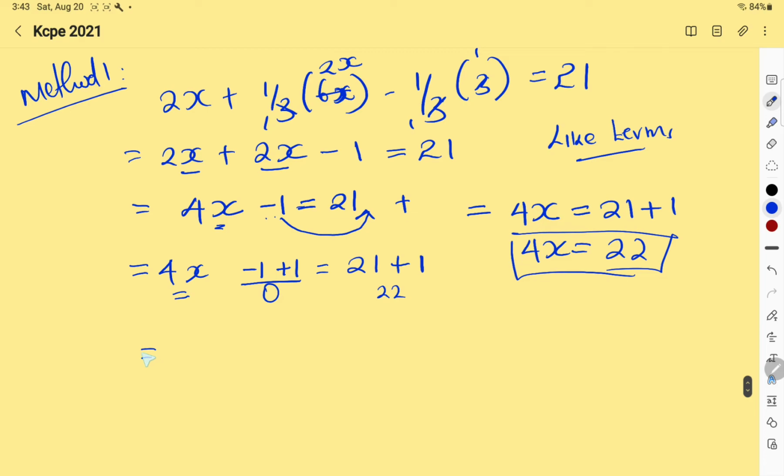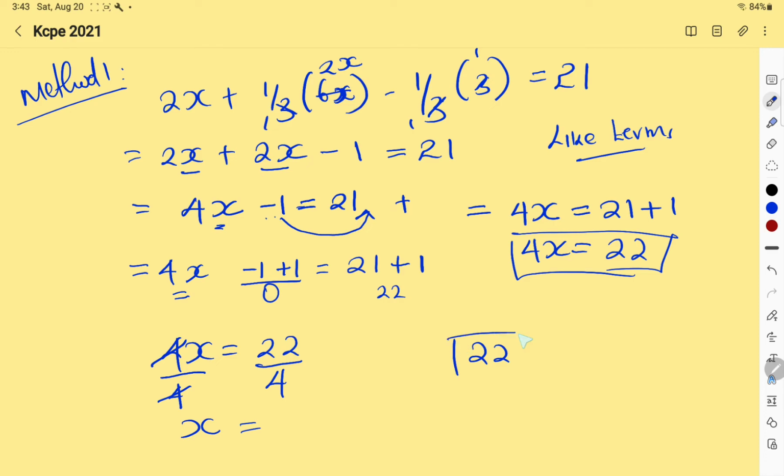Now we have 4x is equal to 22. You want to find x, therefore we divide both sides by 4. These will cancel out. We are left with x equal to 22 divided by 4.